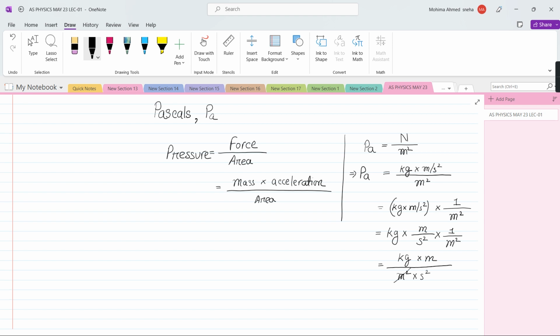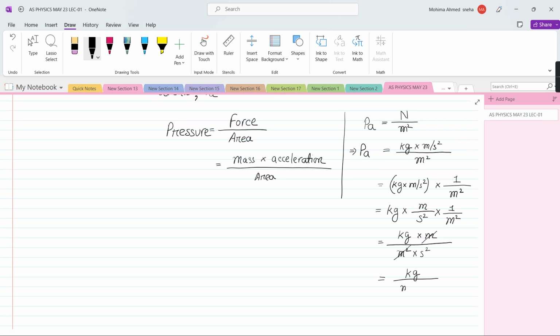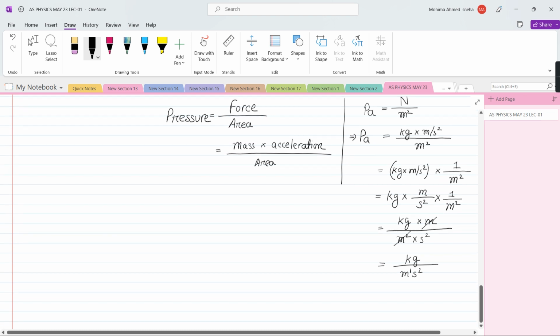So this m cancels out 1 m of the numerator, but we're still left with 1 m at the denominator. So it will look like kg over m s square. This is a 1, there is an invisible 1 here. We never write 1 as a power, but I'm writing it for the sake of explanation. So we can write it as kg per meter per second square.